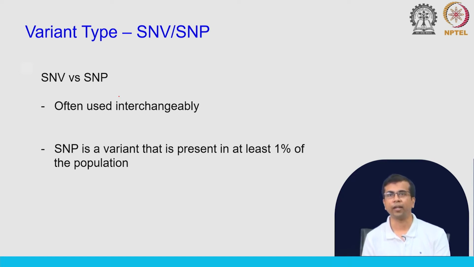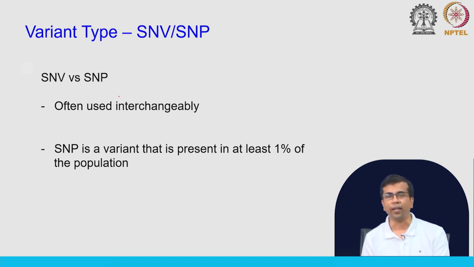So, let us say you are studying a variant like this, and you observe whether this variant is present or not in individuals in the population, and then you calculate the frequency. If that frequency is greater than 1%, then you call this a single nucleotide polymorphism. So, this comes from a population genetic perspective.